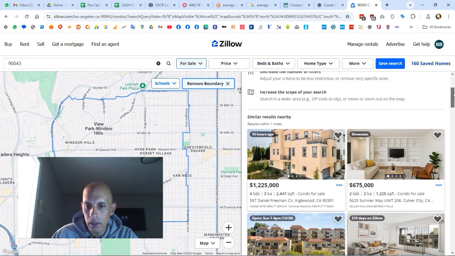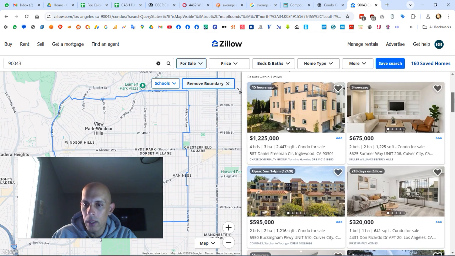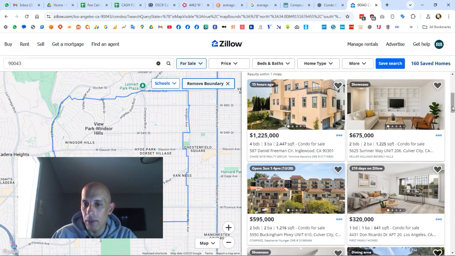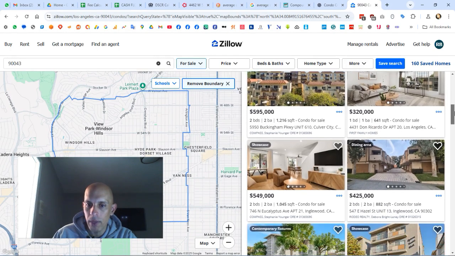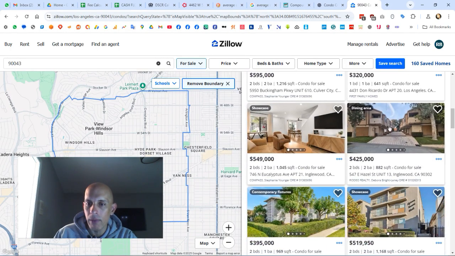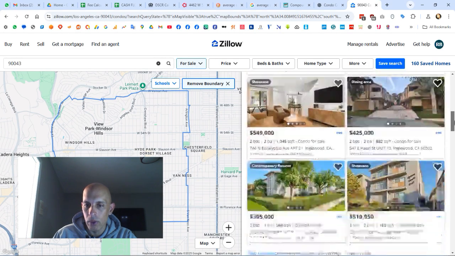So it doesn't look like condos are being, oh, condo for sale, 4-bed 3-bath 1.2 million, 2-bed 2-bath 675. Here you have a 1-bed 1-bath for 320, 2-bed 2-bath for 600, almost 595. You got 550, you got 425 here. This is Inglewood though, not 90043.